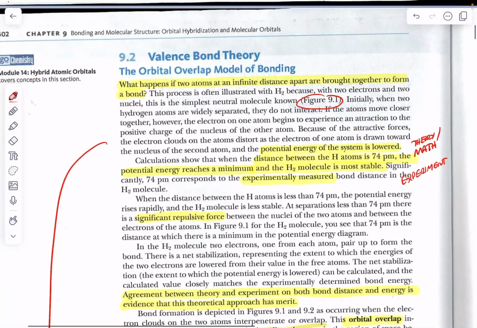Valence bond theory is about the overlapping of orbitals. And in class, depending on when you're reading this, I have already demonstrated, or I will demonstrate, what happens if you take two balloons and you push them together. So imagine I have one balloon here, and here's the little part that's tied off, and here's another balloon here, and here's the little part that's tied off, and then I push them together.